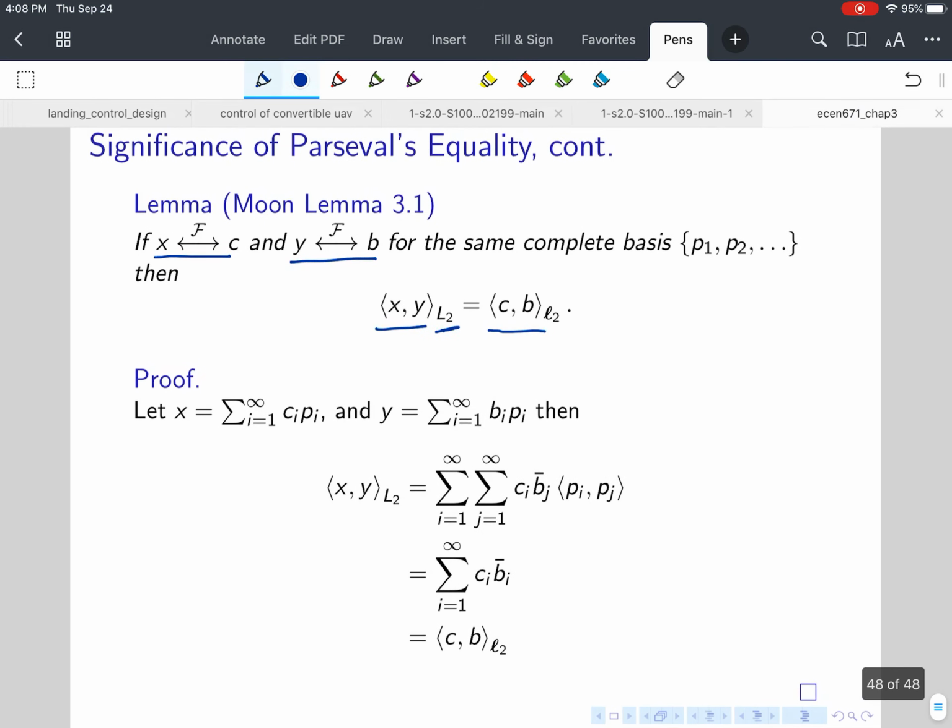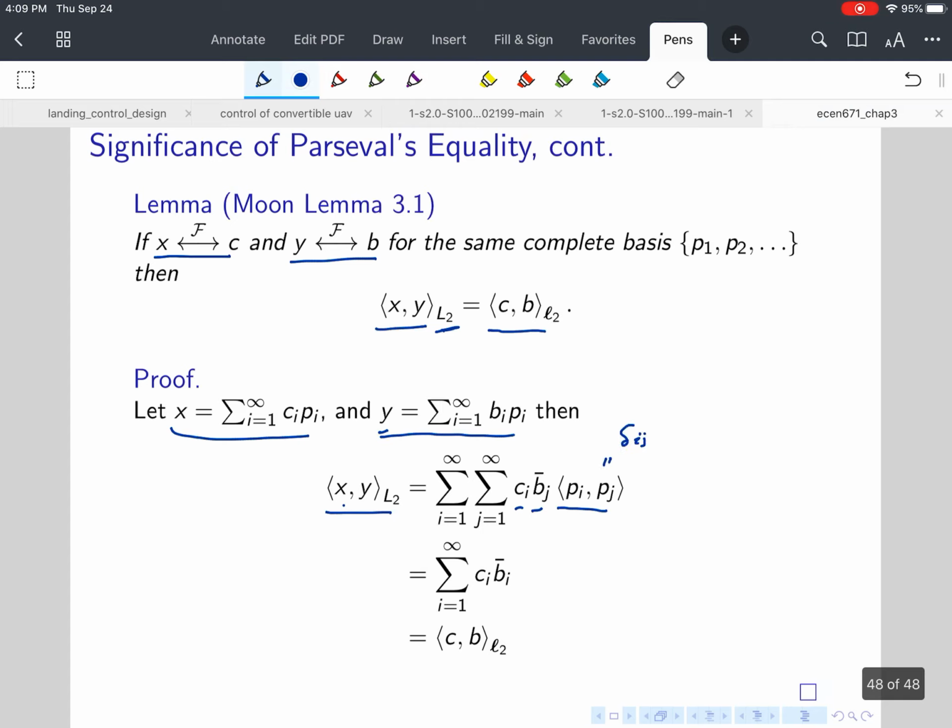Okay, so the proof, x is going to be the sum of ci pi, y is going to be the sum of bj pj, and so when we take the inner product in big L2, when we plug those in, we can pull the coefficients for x out as c, and pull the coefficients for y out. They'll come out as bj complex conjugate, and then we have all the inner products of pi with pj. But of course, the inner product of pi and pj is delta ij.